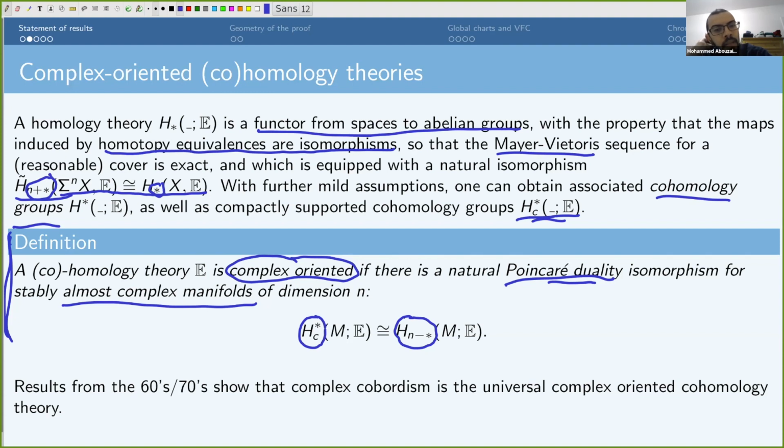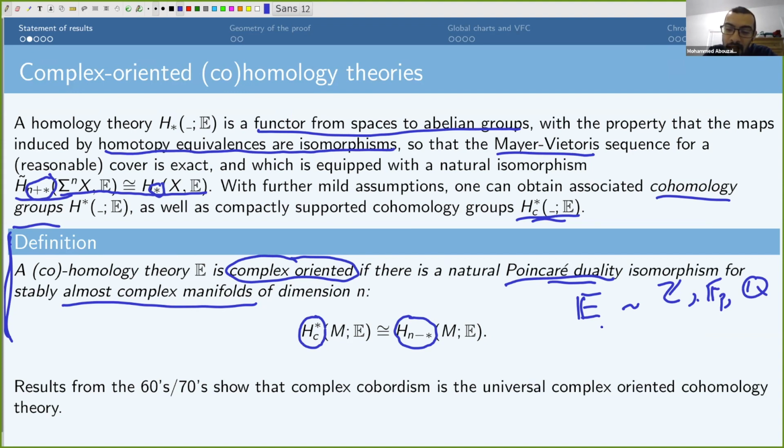So now you could ask, what are examples of cohomology theories which are complex oriented? And as I said, the first one you could have is ordinary homology, and also F_p homology if you want, and of course Q and any discrete ring, any ordinary homology theory with whatever coefficients is going to satisfy this property.